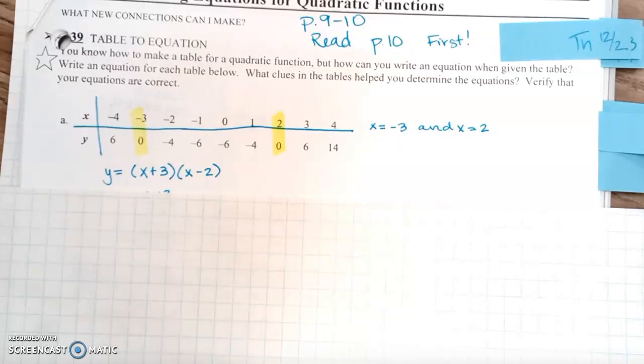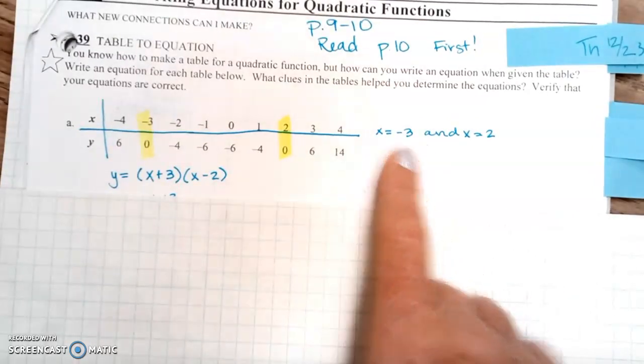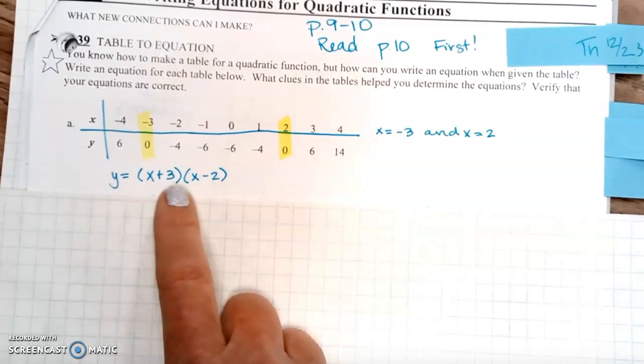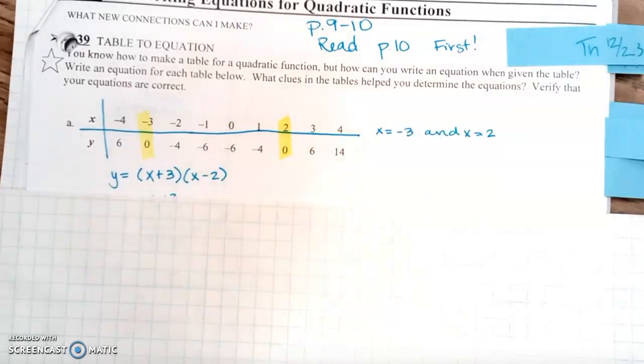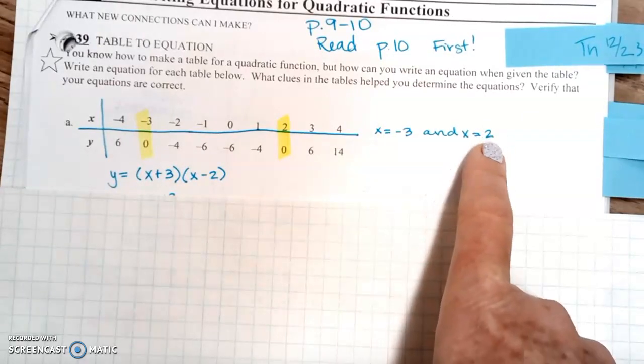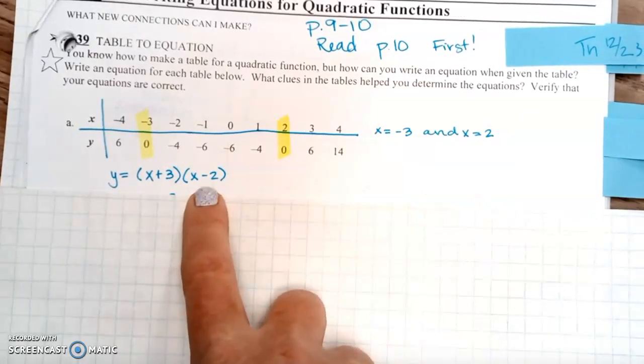So what number can you add to negative 3 to make it 0? That would be positive 3. If we took this negative 3 and plugged it in here, we would have negative 3 plus positive 3, and that would go to 0. Same thing with the 2. If we took this 2 and subtracted 2 from it, we get 0.